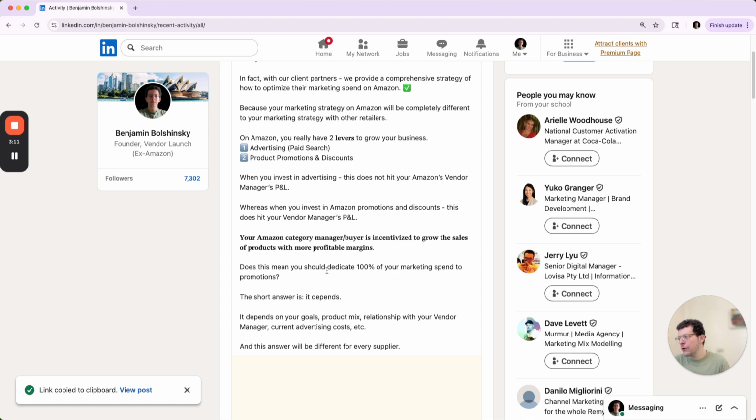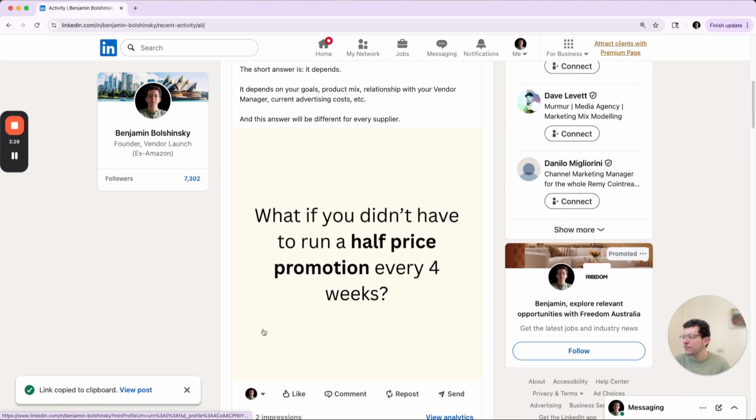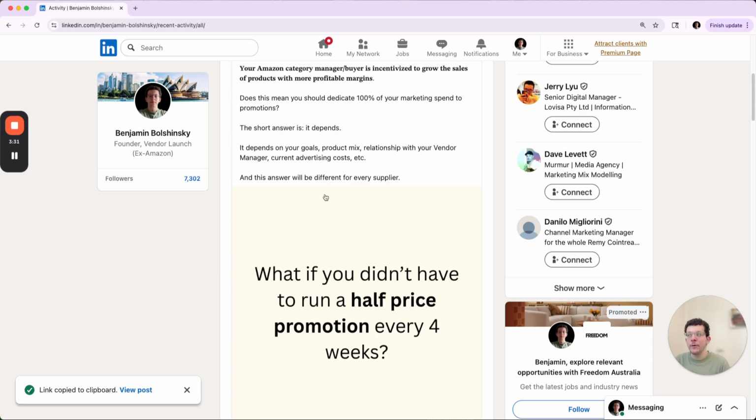So the question is, should you then dedicate 100% of your marketing spend to promotions? Well, the short answer is, it depends. It depends on your goals, your product mix, relationship with your vendor manager, current advertising costs, and a whole range of other factors. It will be different for every supplier.